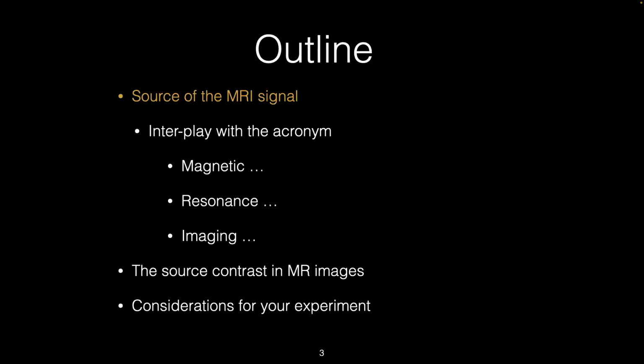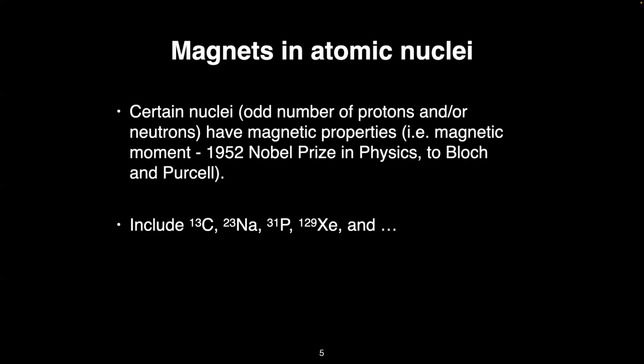So let's jump in, and we'll start with magnets because it's at the source of what we do. Besides the big magnets, both in terms of size and field strength, at the center of the MR systems that we use, at the other spectrum, we're really depending on the magnetic properties of the atoms and the nuclei of the species that we're imaging.